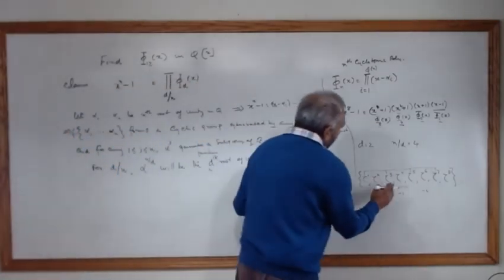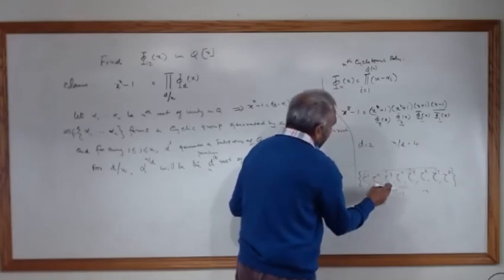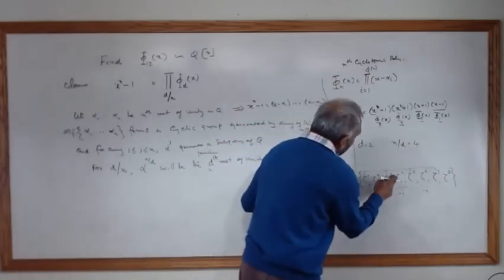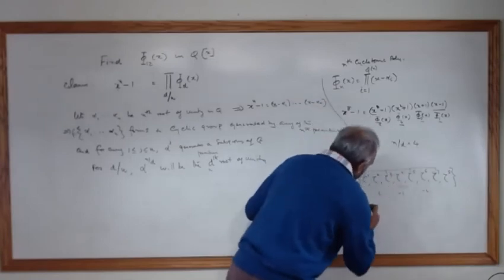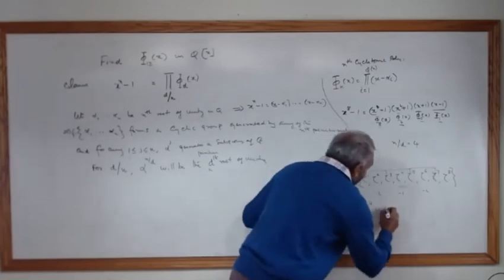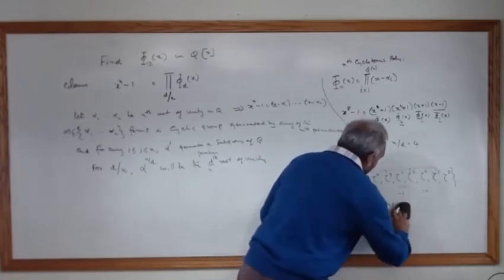So n by d is equal to 4. That means the set of 4 is the second primitive root of unity.